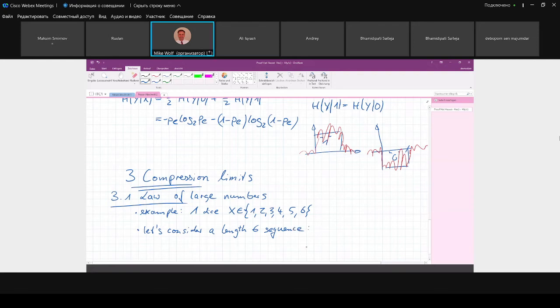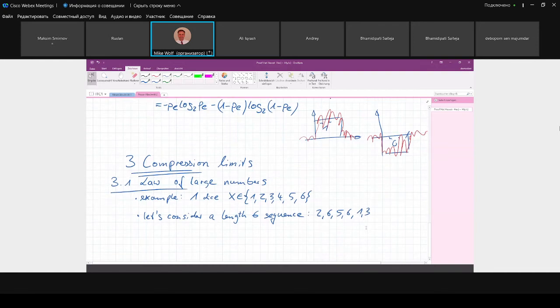The values could be, let's say, 2, 6, 5, 6, 1, 3. You can use a computer random generator, for instance, and it generates these 6 values. Now we calculate for this concrete sequence the arithmetic mean.